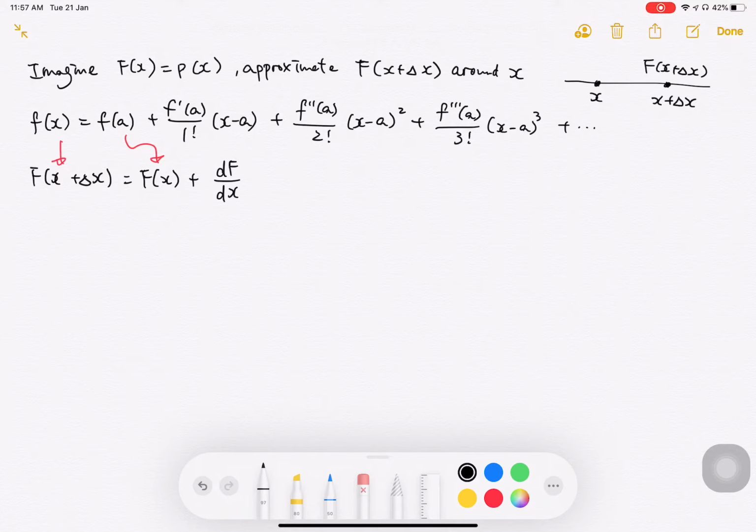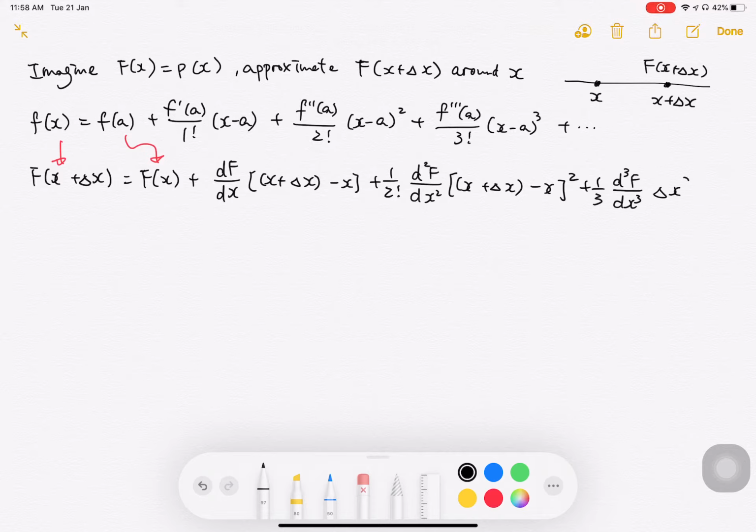We know that f prime is differentiating the expression f one time. And then we take this aside.